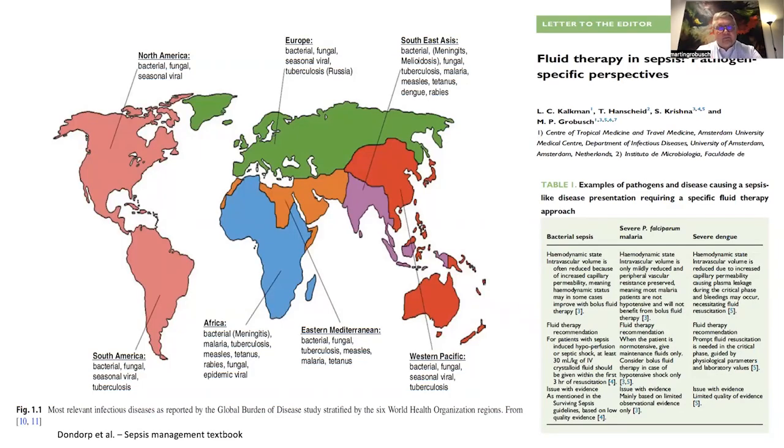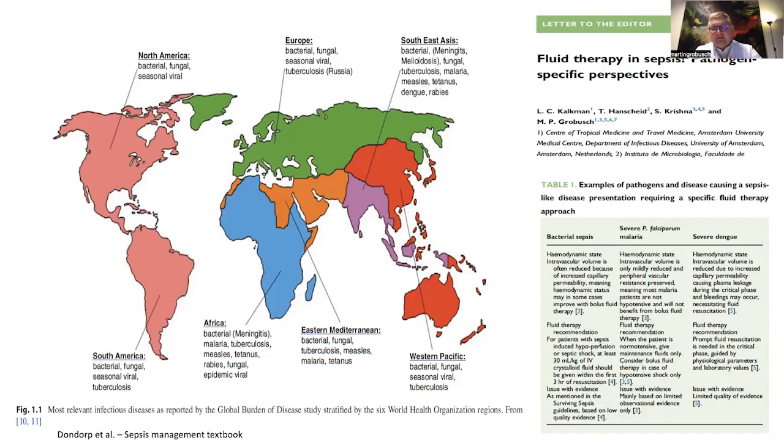Now, this overview broad world map is again taken from this formidable overview book by Achim Dondorp and colleagues, and it just reminds us in a very plakative way that sepsis is rather a sepsis syndrome, that sepsis is far more than a bacterial infection.